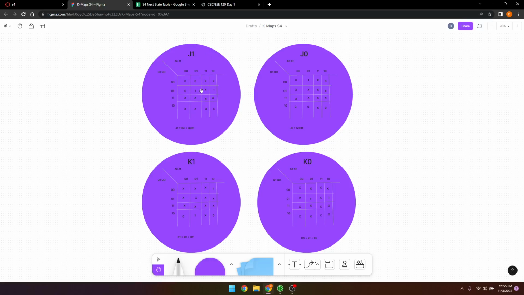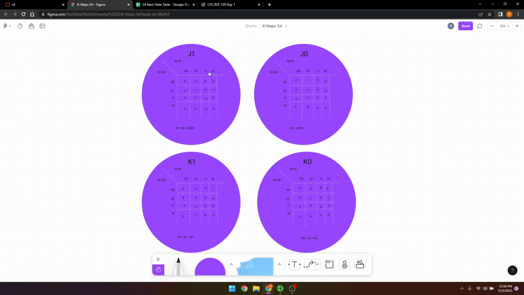If it does go into this state, there are only very, very minor consequences. Then we also don't care about what goes on here. And what's nice is that when we can not care about basically half of the table, it makes our equations very easy to write and very, very simple to make circuits out of.